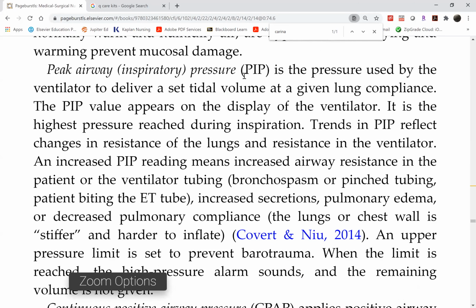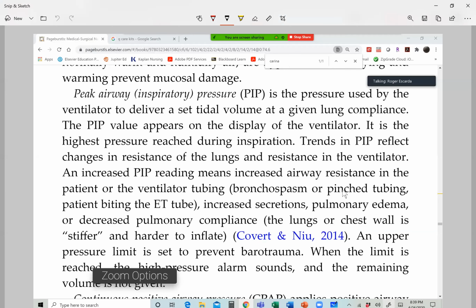Peak airway pressure. So this is the height. To illustrate this, let's say this line is zero pressure.